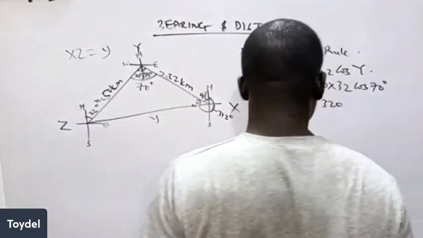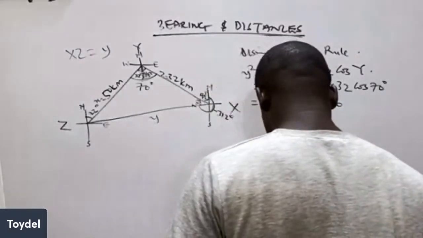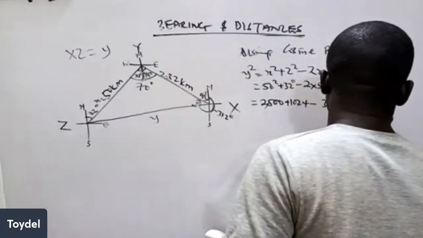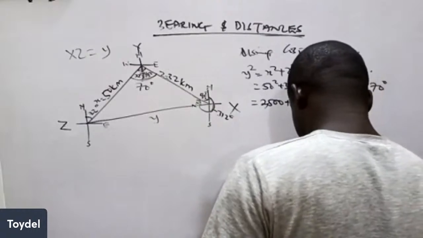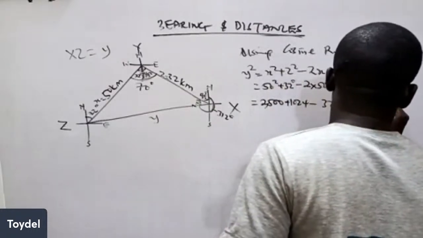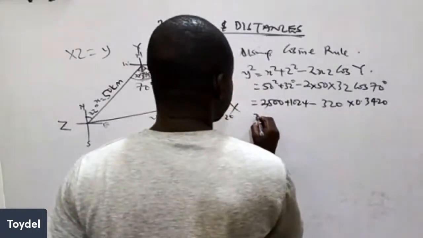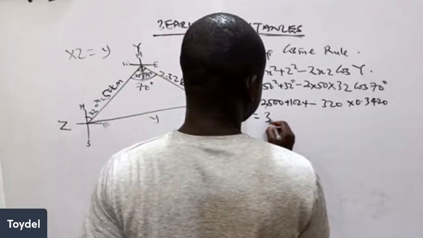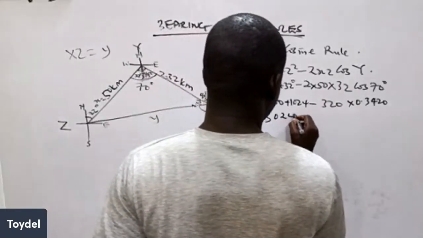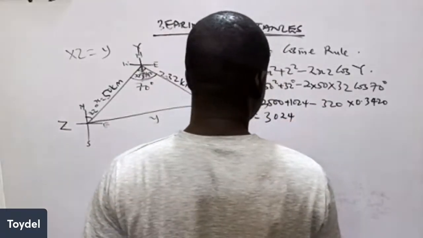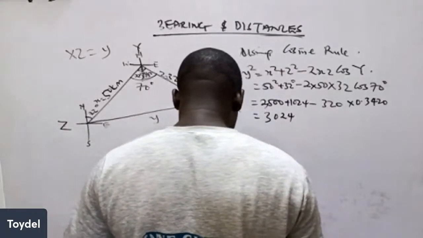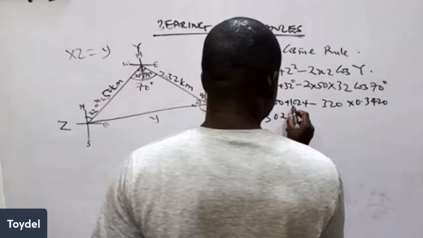So if you check, cos 70 will give us 0.3420. Then from here, I'm going to have 3524.